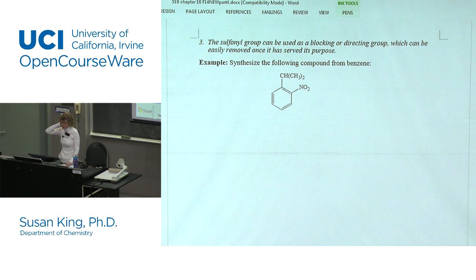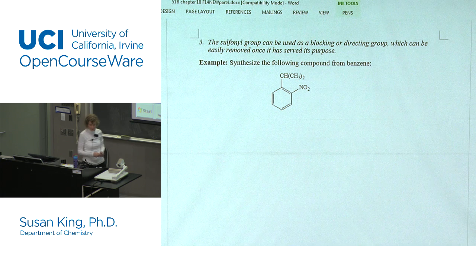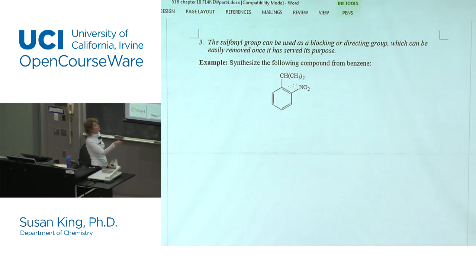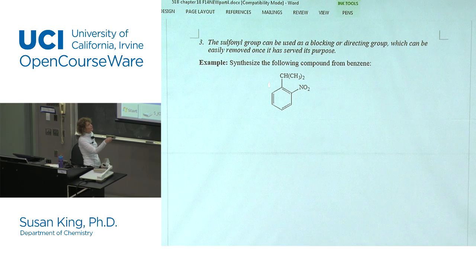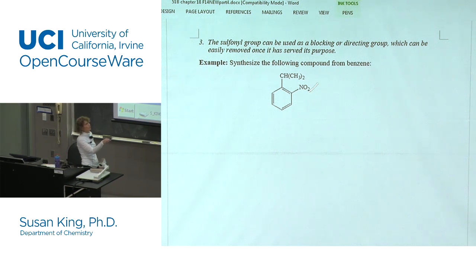Sulfonyl group can be used as a blocking or directing group, which can be easily removed once it has served its purpose. All right, so we can put this group on benzene. We don't want to put the nitro group on first, just like the other two. We can put this group on, and that's already rearranged, so that can go directly on.